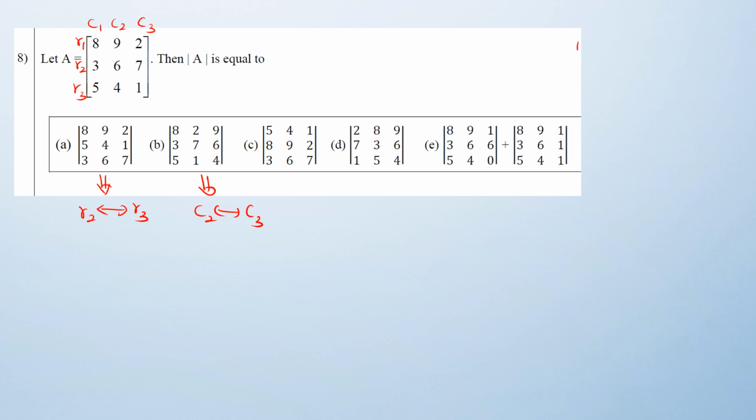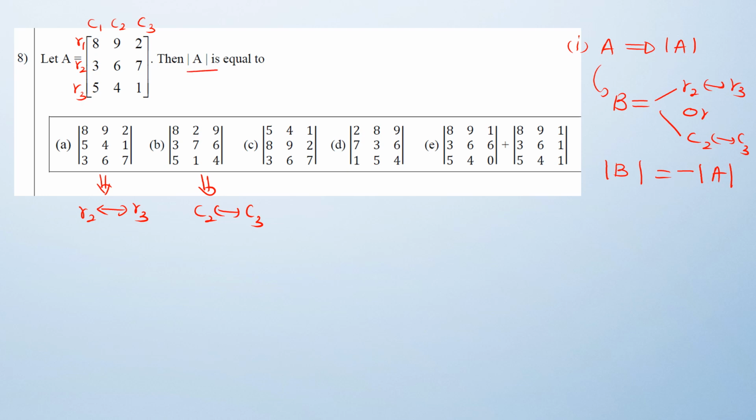We know that if you have any matrix capital A, its determinant is denoted as determinant of A, and if we have another matrix capital B obtained by interchanging two rows or two columns, so you may have R2 interchanged with R3, or you may have an interchange between a column and another column, in that case the determinant of B will be minus the determinant of the given matrix A. So based on that, for part A this will be minus determinant of A, since we have an interchange between two rows.